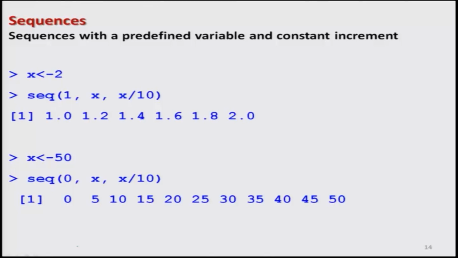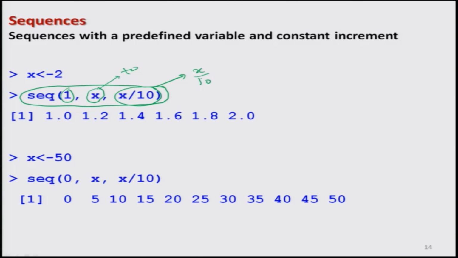For example, there is a sequence I want to generate that should start from 1, and it should go to x, and the increment is going to be x by 10.